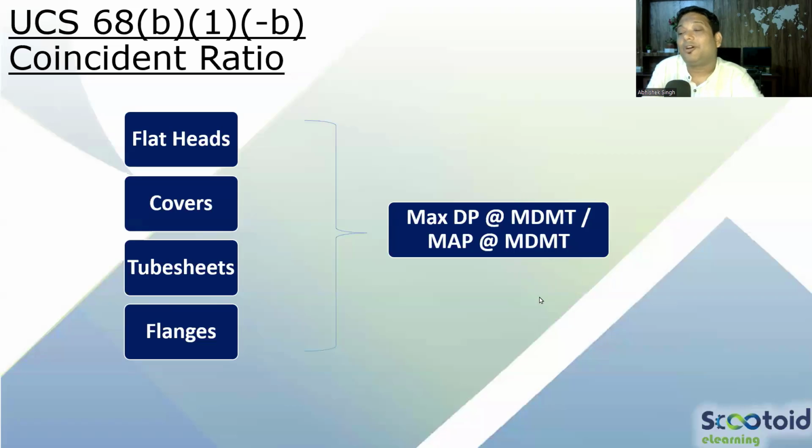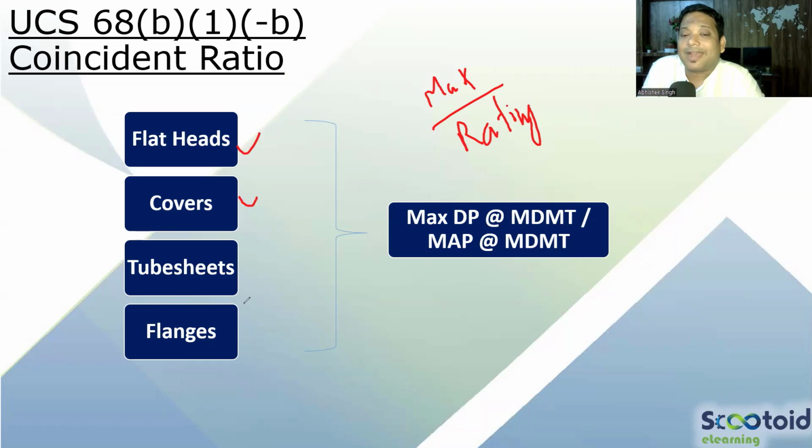This ratio will work as the coincident ratio. So if I have a standard flange, then maximum design pressure divided by the rating which you have got by the normal selection, that will give you the coincident ratio. So for all these items, you have an additional method available which you can use for getting that coincident ratio. Does that make sense?